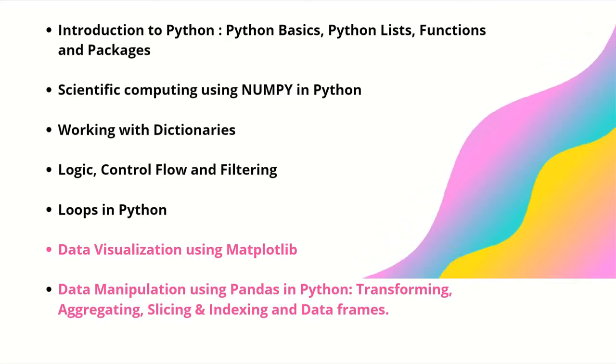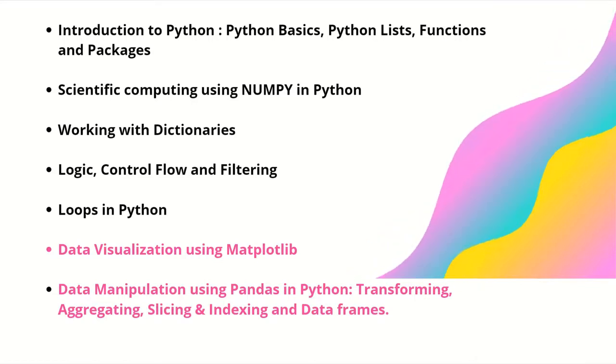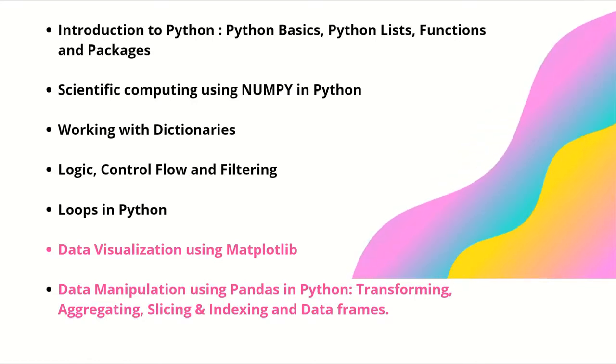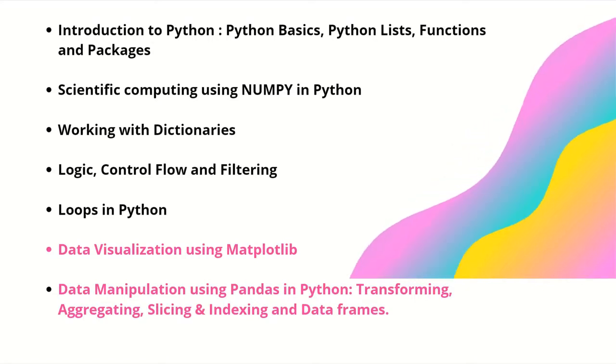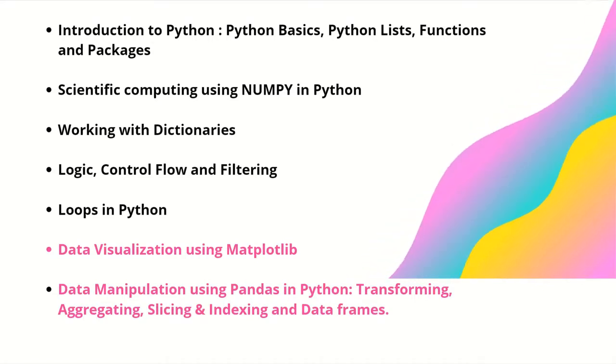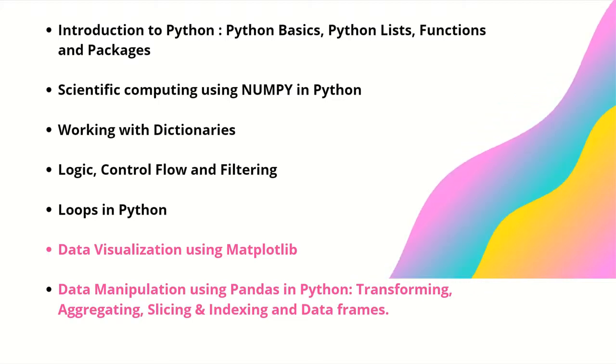That means you can work with the manipulation part, you can work with the visualization part, and there are a lot of job demands and career demands in these areas as well. So even if you don't plan to go ahead into the advancement of this career of being a data scientist, this is good enough to give a good push or head start to your career.